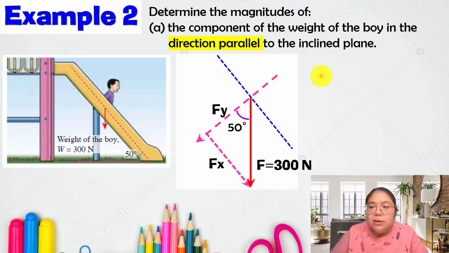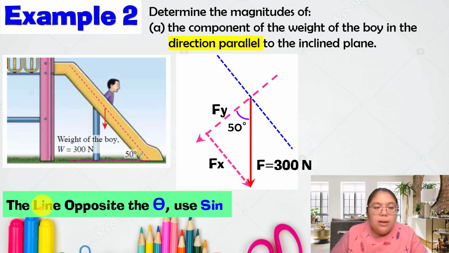From here the question wants to find the direction parallel with the inclined plane. That means they want to find Fx. Fx is parallel with the inclined plane. Remember, Fx is opposite the angle. Opposite the angle means we need to use sine.